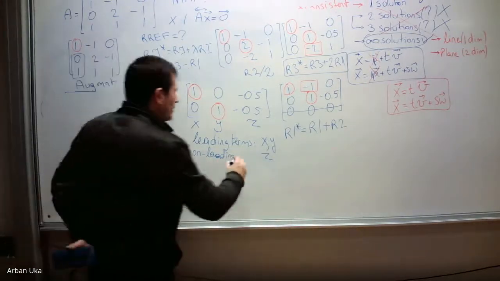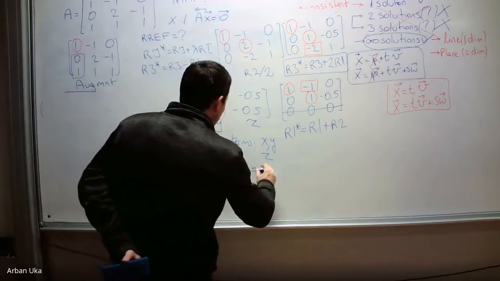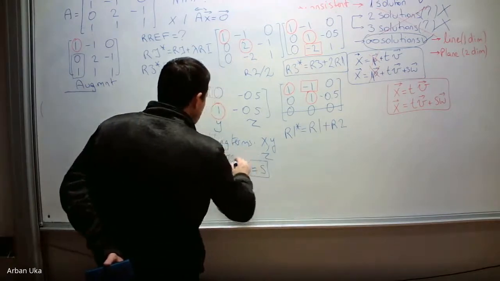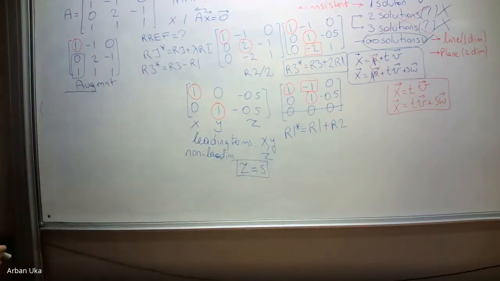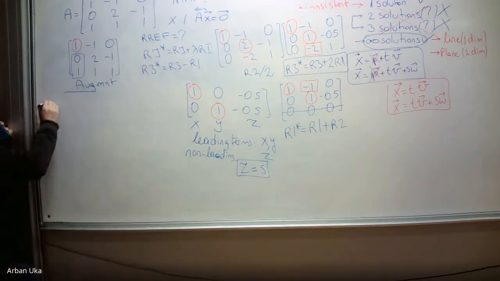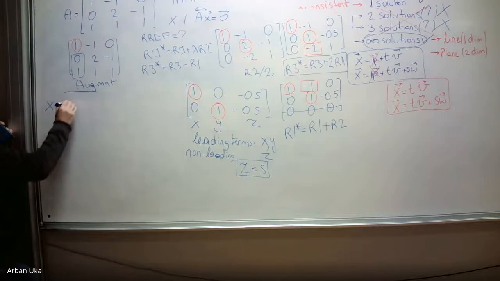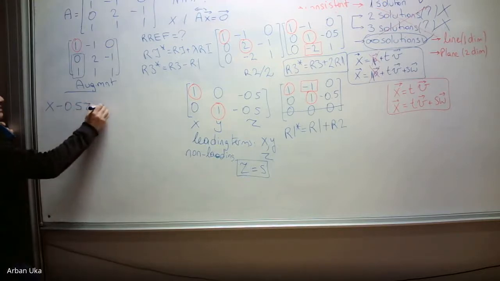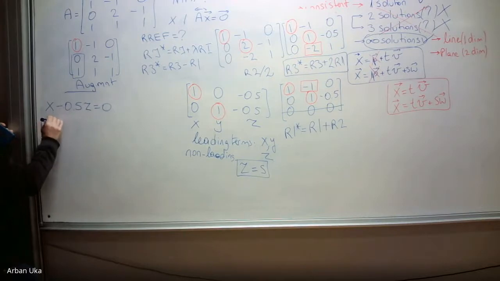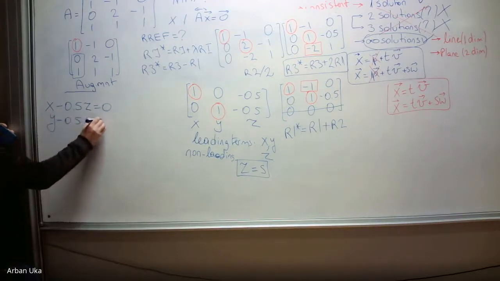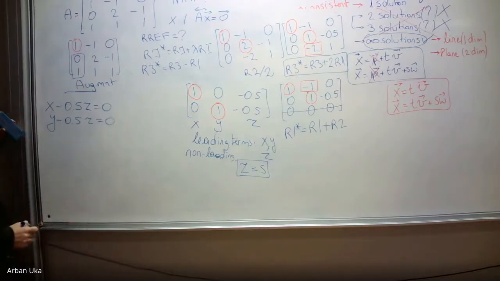So here we can see that z is equal to s. Z is equal to s, and then we try to write the following equations. We said x minus 0.5 z is 0. Then we have y minus 0.5 z is also equal to 0.